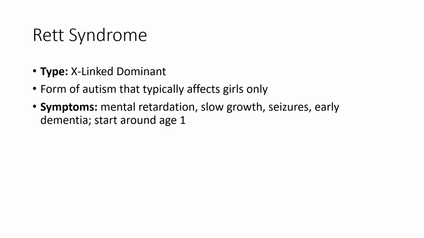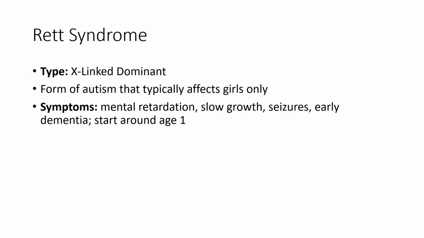Rett syndrome is a form of autism that typically affects girls only. It's X-linked dominant, so it's carried on the X chromosome. Some symptoms are mental retardation, slow growth, seizures, early dementia, and it starts around age 1, which is pretty sad.